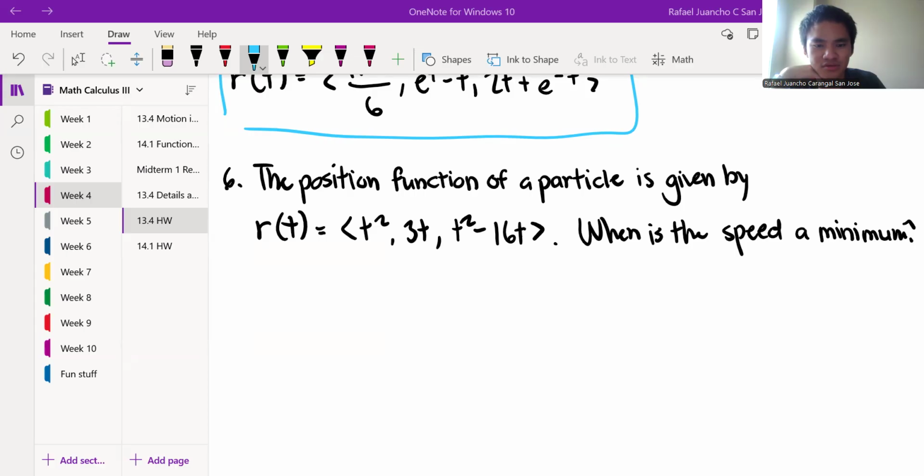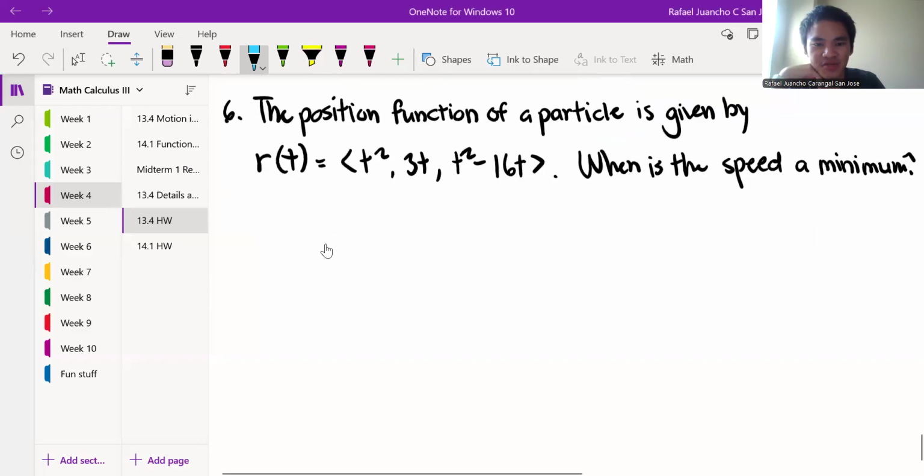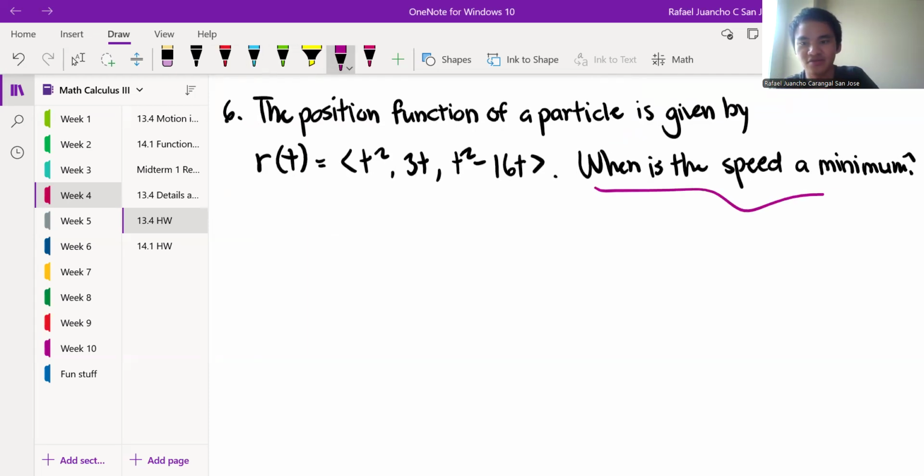Okay, let me just write that step by step. To find when the speed is a minimum, we're basically finding t.